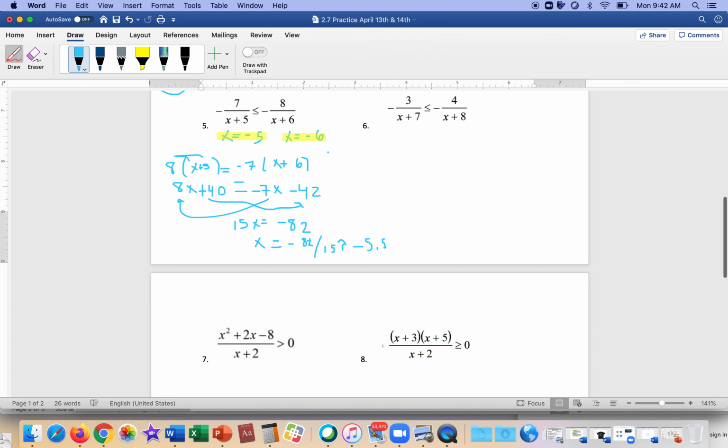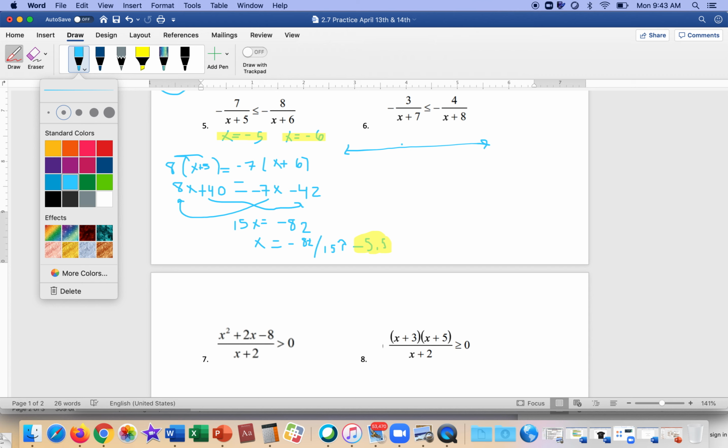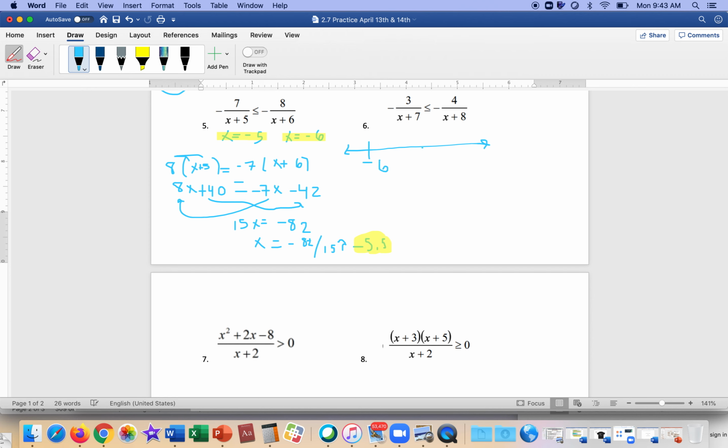So let's go and draw a number line. We have our critical values and then whatever we get when we solve, okay? So when I put my critical values on the number line, I have negative 6, I have negative 5, and I'm just going to say negative 5.5, but we really know that's negative 82 over 15.